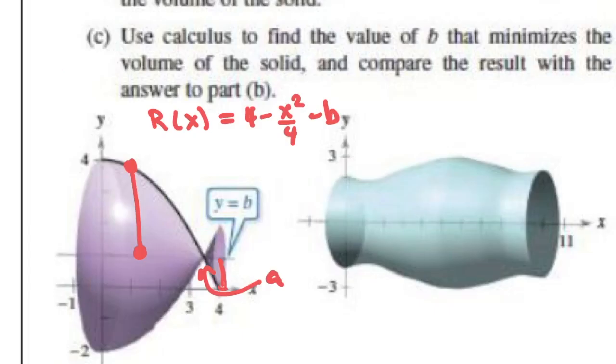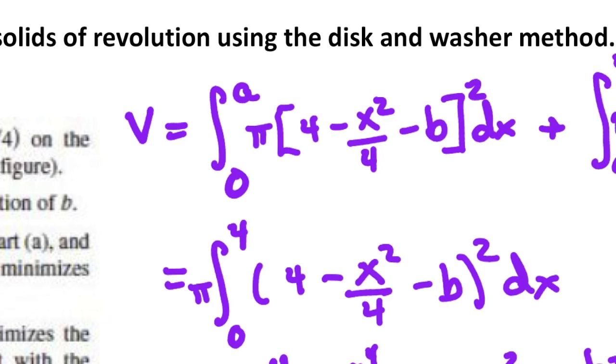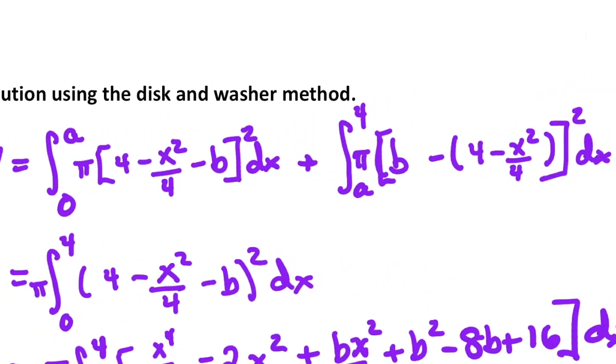So question 67 is a fabulous little question just because you get to do both integration and differentiation in one problem. So as you were looking at your figure, you determined that r of x is 4 minus x squared over 4 minus b. And we're going to integrate this problem at the value I'm calling a. So you have two parts to your volume.